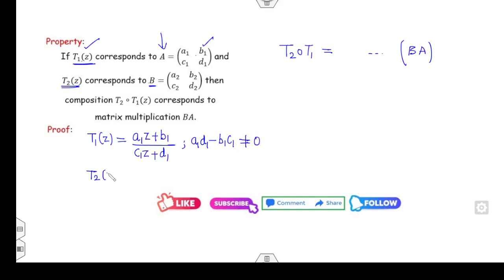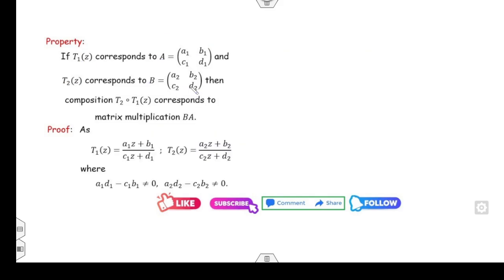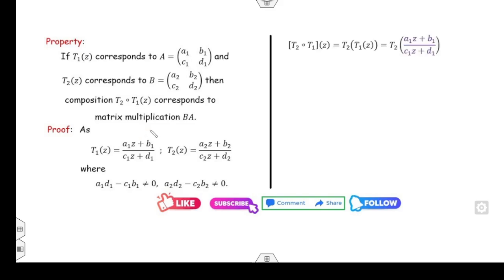Similarly, you can define T2 of Z corresponding to A2, B2, C2 and D2. Now, we can define T2 circle T1. That's a composition mapping. How can you define that? It's T2 of T1 of Z. I can substitute the value of T1 of Z into the formula of T2.